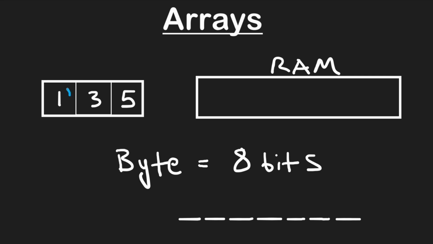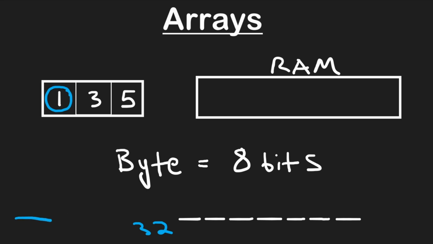So in this case, we have an integer 1. How can we store this integer 1 in our RAM? Well, we have to store it in terms of bytes. Now it's pretty common for integers to be represented not by a single byte, but actually as 4 bytes. So what that would mean is instead of using 8 bits, we would actually have, let's say, 32 bits.